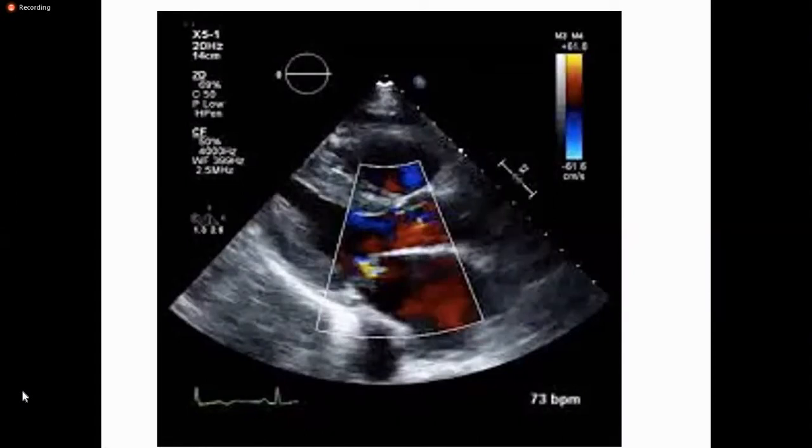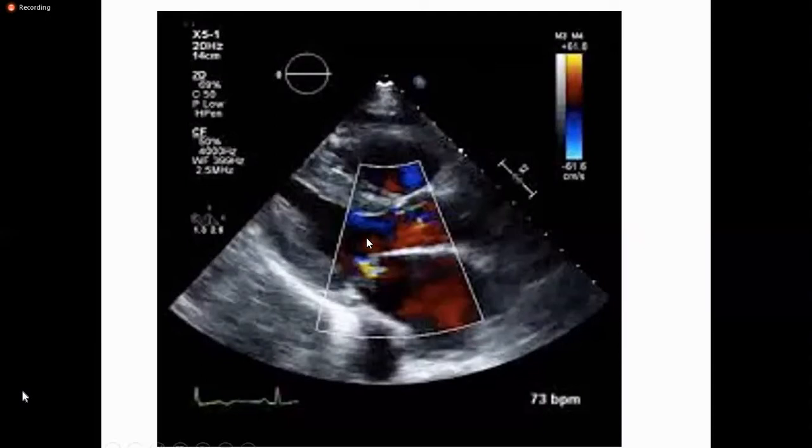When we turn on the Doppler, we see two different colors, blue and red. When the blood moves towards the probe, it shows red color. When the blood moves away from the probe, it shows blue color. So the mnemonic used is BART: blue is away, red is towards the probe.